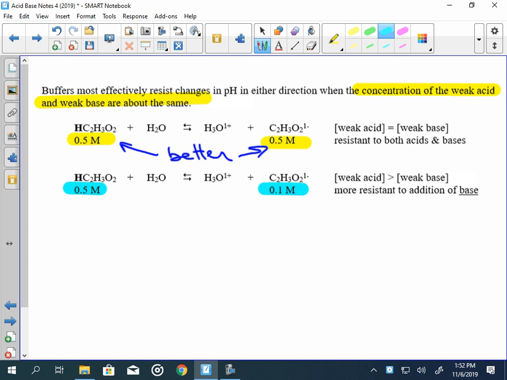So clearly we don't have as much out here to protect or defend the goalpost or the pH meter. We've got some, but they're not going to be able to hold on for nearly as long as the 0.5 molar weak acid. So ideally we want the molarities of the weak acid and the weak base to be about the same.